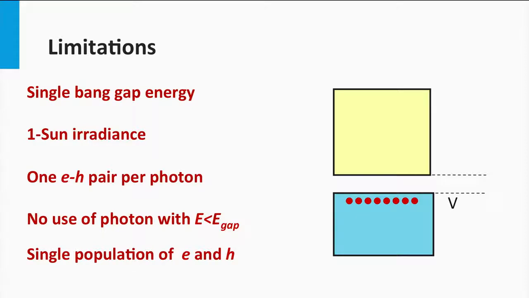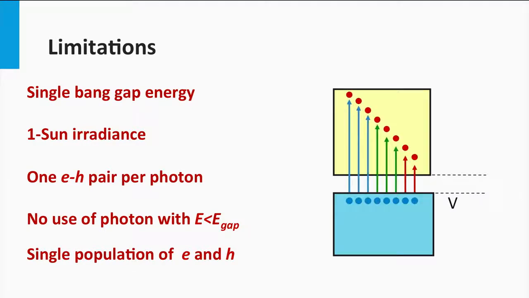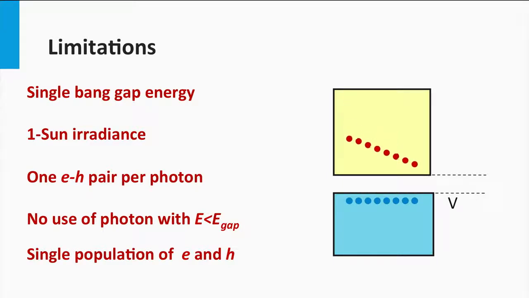Finally, the charge carriers populate single energy levels. Light absorption excites electrons and holes up into the conduction or down into the valence band. However, the charge carriers relax very fast, the electron to the bottom of the conduction band and the hole to the top of the valence band.